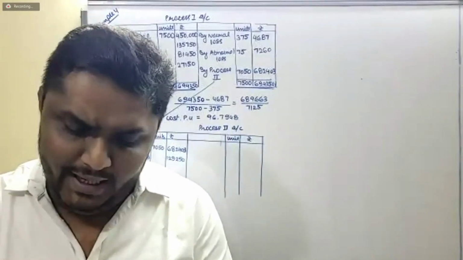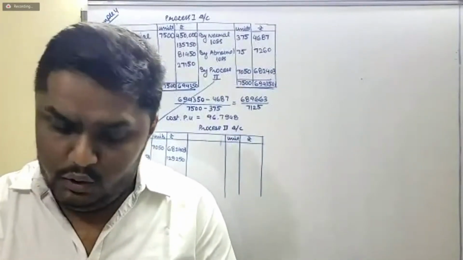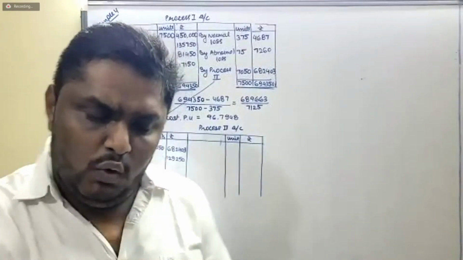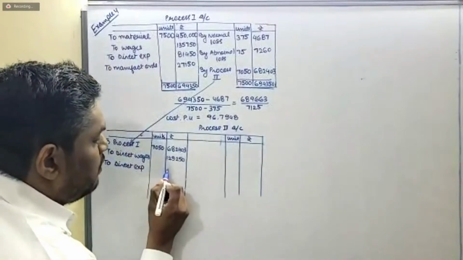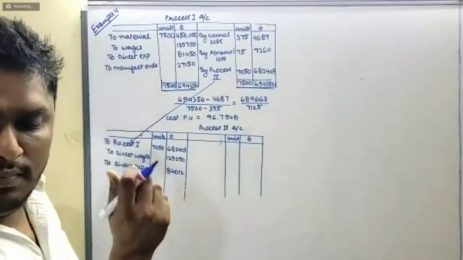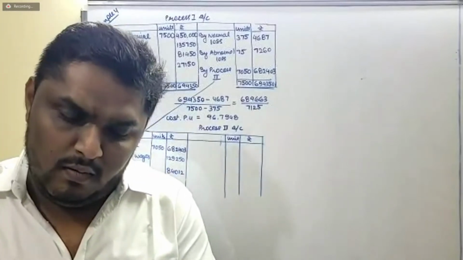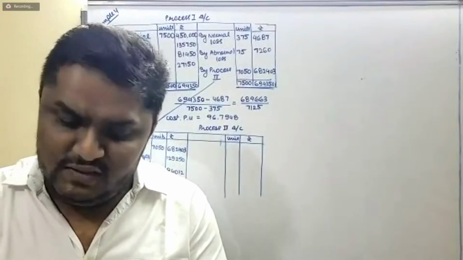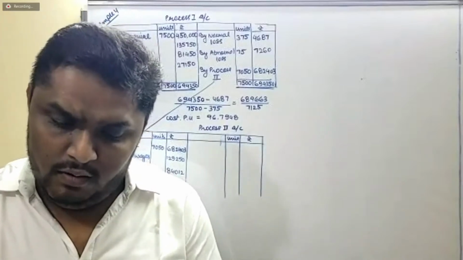So 129,250 into 65%, that is 84012. Further, 15% of the direct wages is manufacturing overhead.